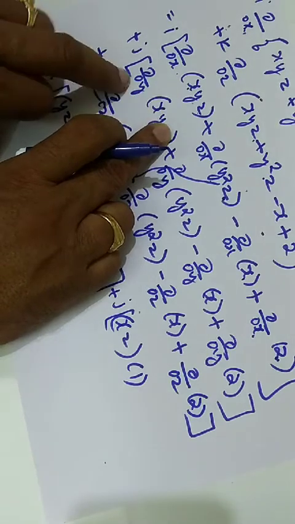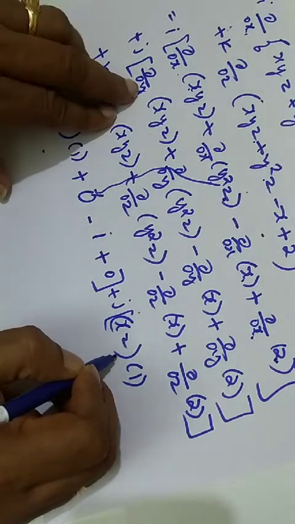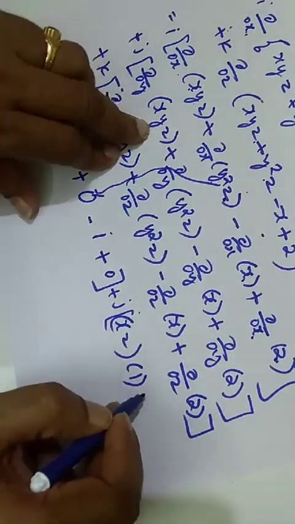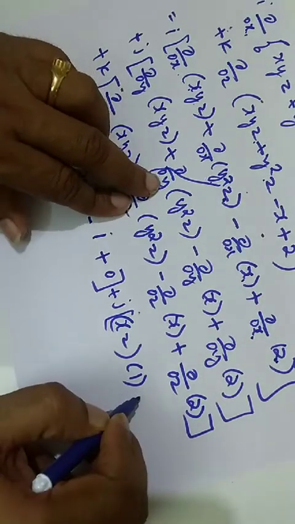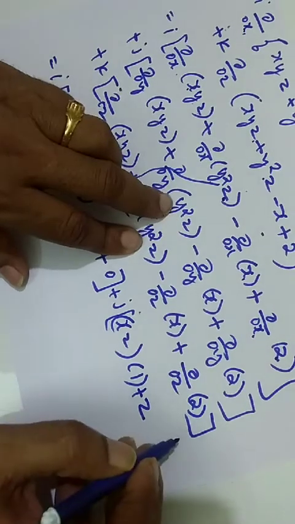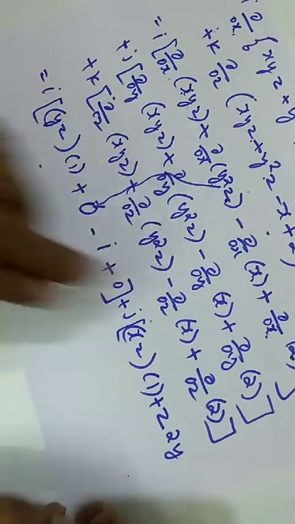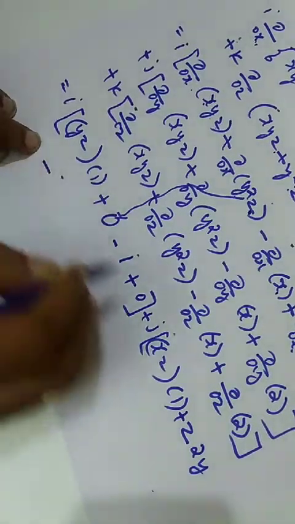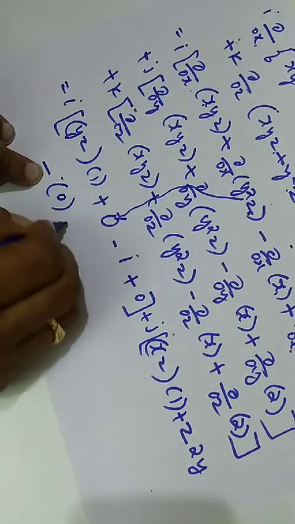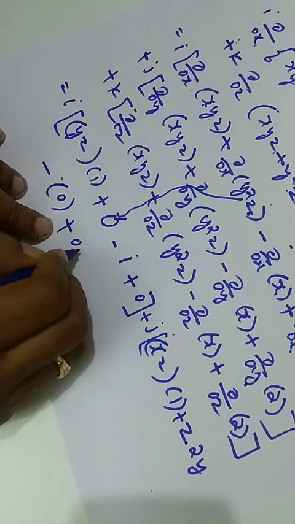So j into, with respect to y, xz constant, differentiation of y is 1. Now with respect to y, z is constant in the second term, differentiation of y squared is 2y. Next minus, with respect to y differentiation of x is 0, with respect to y differentiation of 2 is 0.